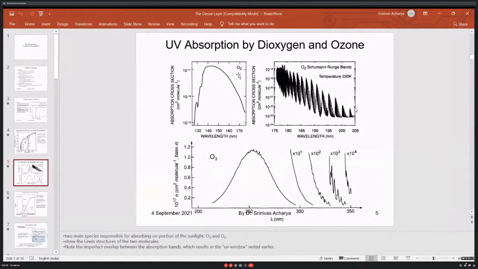This oxygen molecule has a band of absorption called the Schumann-Runge bands, and that band varies from 175 to 205 nanometers. And you can see the ozone.